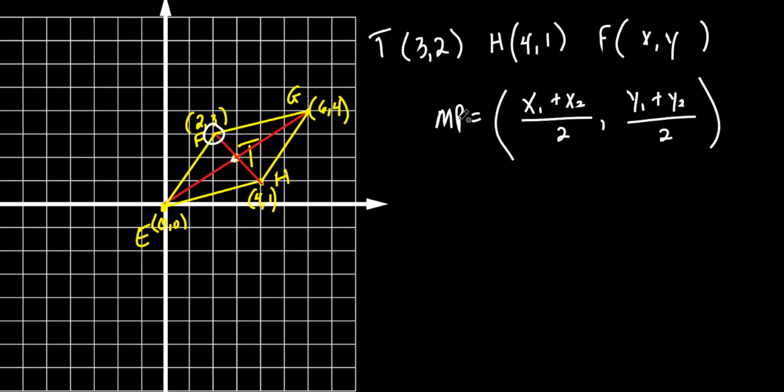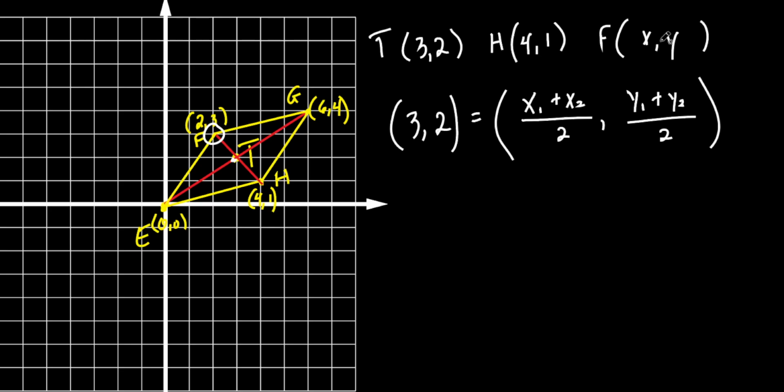But the problem is, it's not a problem. It's actually a good thing. They tell you the midpoint, don't they? So watch very carefully. This is it, okay? They tell you the midpoint. So what does the midpoint equal? 3, 2. Right?